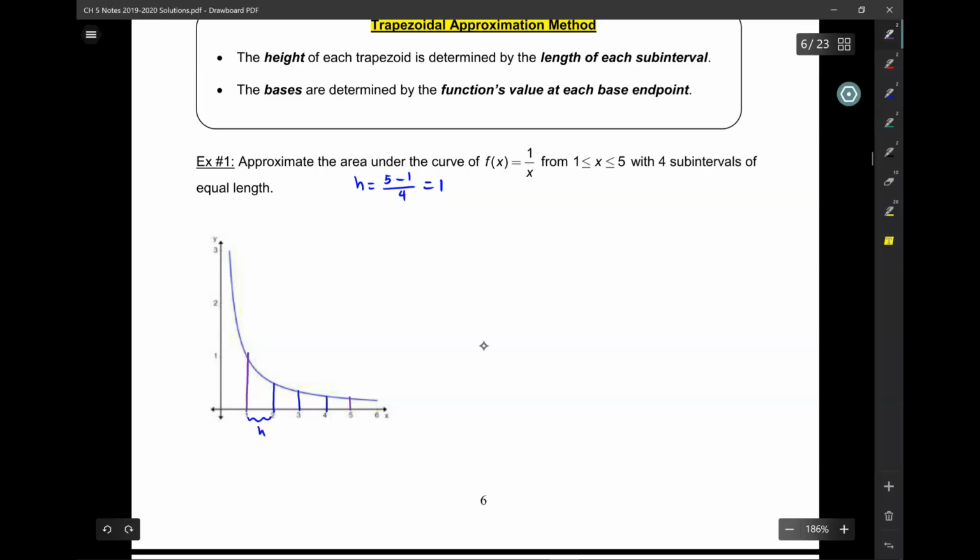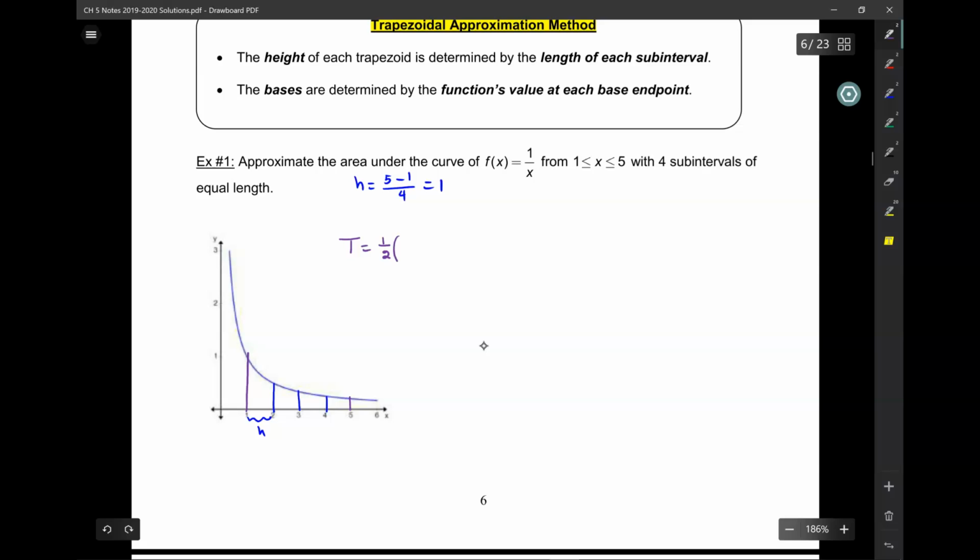So my area, and when it's a trapezoidal approximation, it's convention, you can say T equals instead of A equals, to know that it's like RAM and so on. So it's going to be 1/2. Now for the bases. 1 over 2 because it's h over 2.